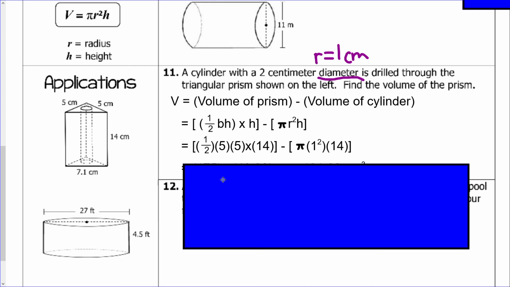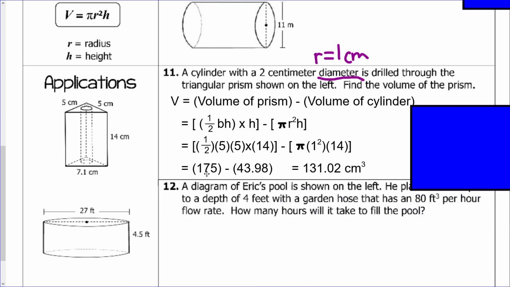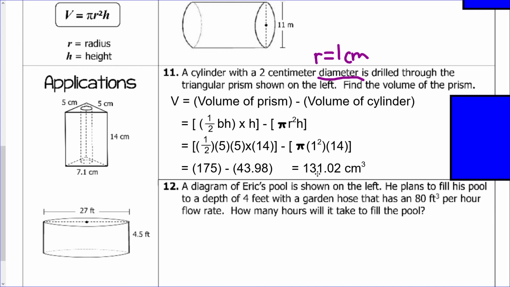Okay, and then when we put all that together, we get 175 minus 43.98. Round it a little bit. Remember, anytime you use pi, you're likely rounding a little bit. And your final answer should be 131.02 centimeters cubed. Okay, so hopefully those all worked out.